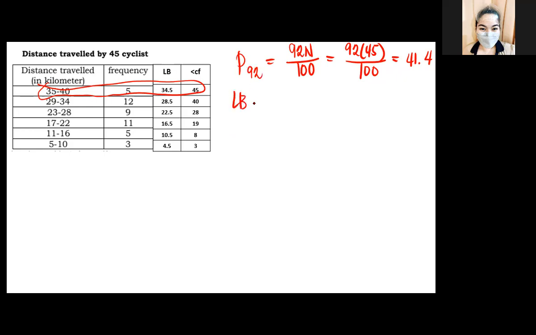So, lower boundary natin is 34.5. Cumulative frequency below is 40. The frequency is 5. And the i is 6.